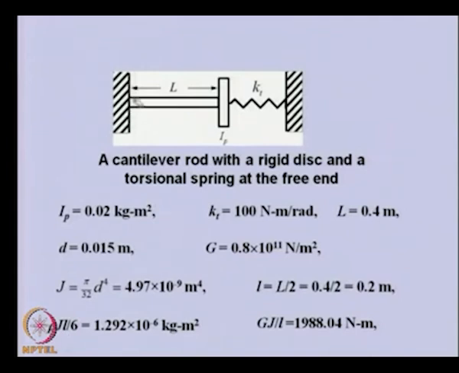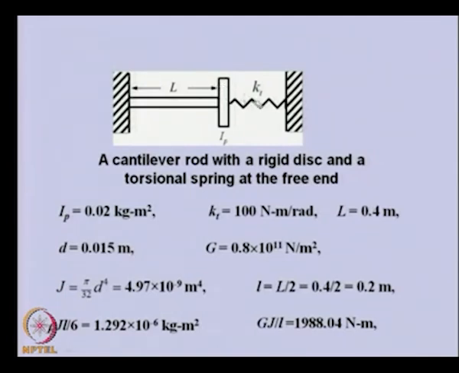Here we have a fixed end, a shaft having distributed property, a rigid disc at the free end, and also a spring attached at the free end of the disc. In the previous case we had only a cantilever shaft, but now a disc is there.